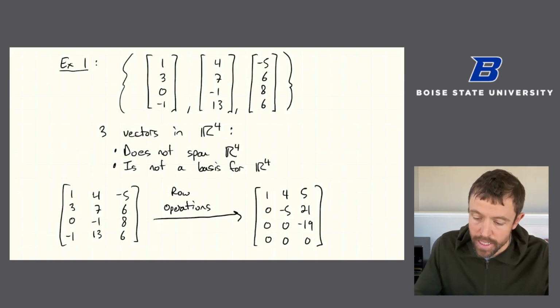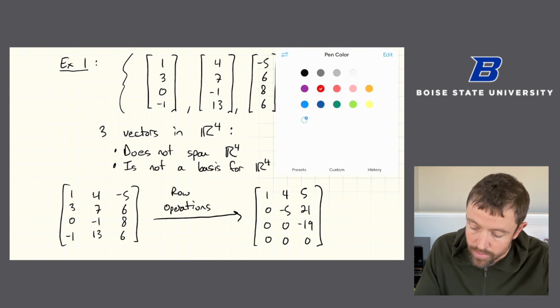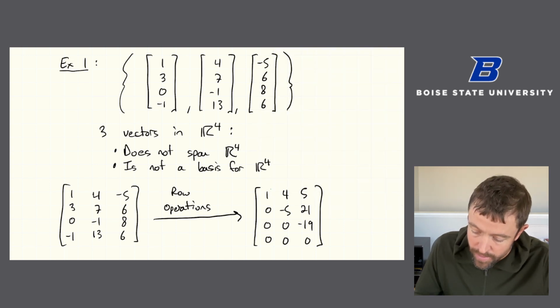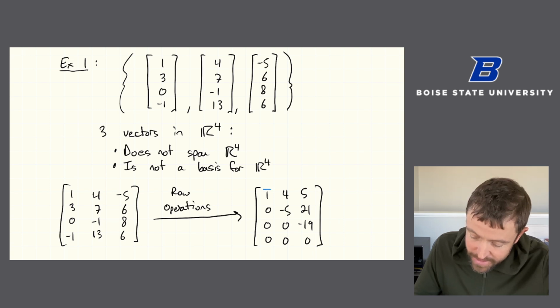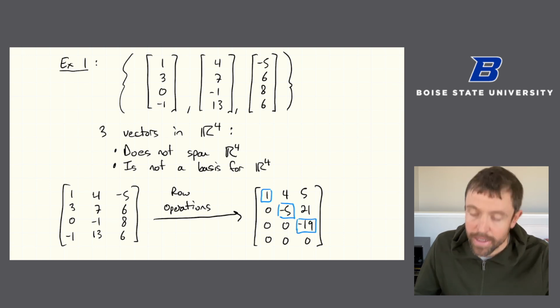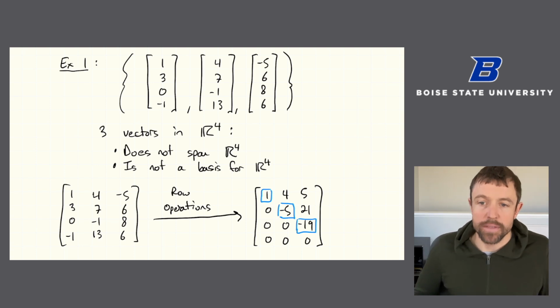Going back to this example, I'll circle the pivots in blue. I was hesitating between a circle and a square, and I did something that was neither. Let's go with squares. These are our pivots. And so each column has a pivot, or in other words, each column is a pivot column.